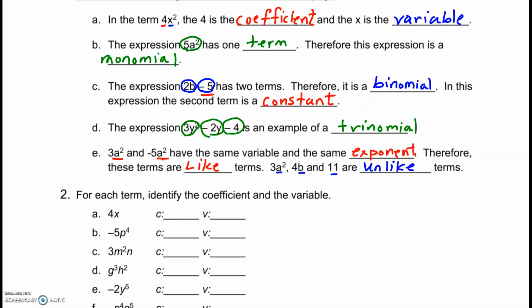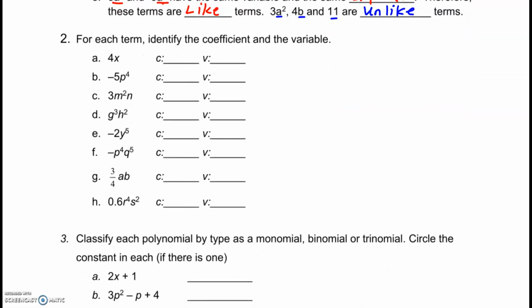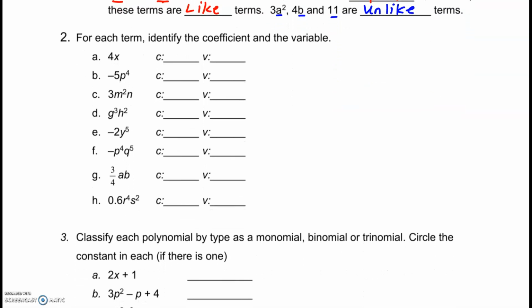Okay, we're going to start by practicing coefficient and variable. So we have in 4x, 4 is the coefficient and x is the variable. And to help us remember, let's write on top, coefficient is the number, and variable is the letter, and that will help us remember.